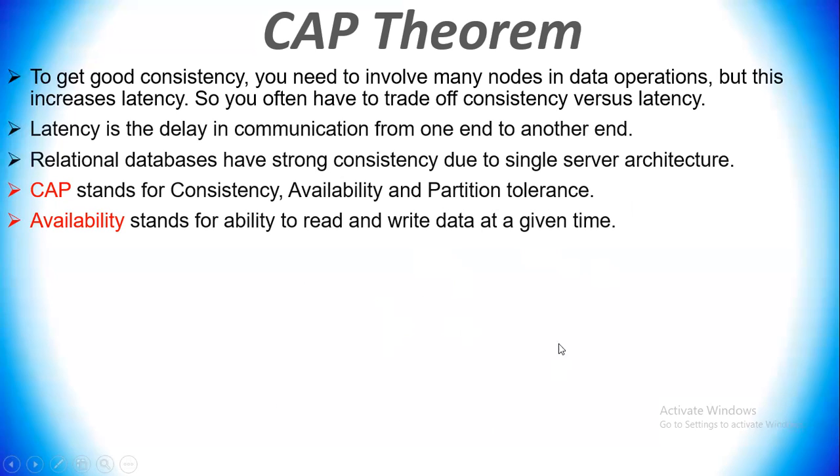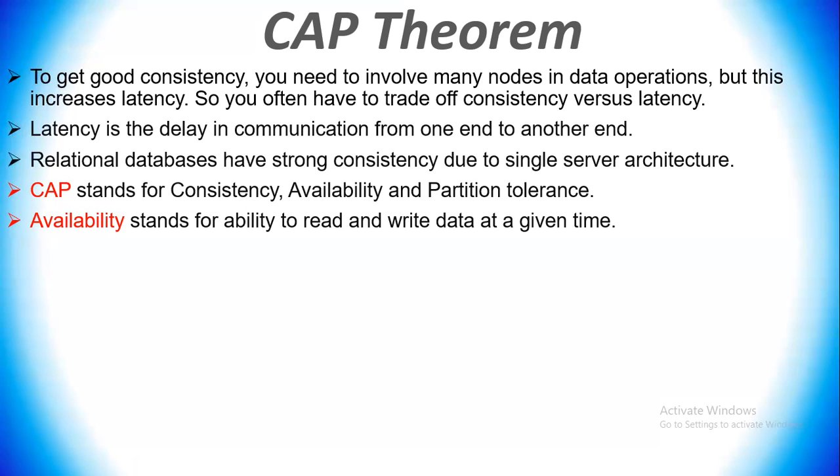So it says that if you have partition tolerance. What partition tolerance is, you are able to achieve one of these 2 parameters even if the cluster is broken down into smaller clusters of servers due to communication failures or maybe other reasons.